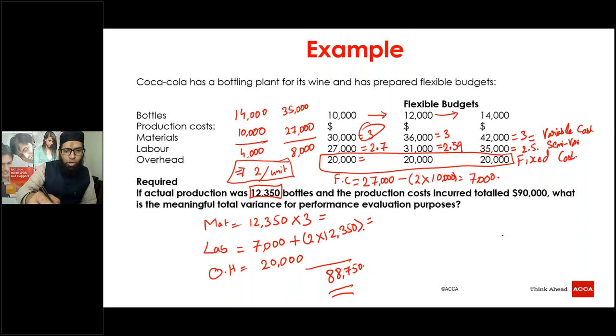So this is my total cost using the flexible budget. My actual total cost is 90,000. That means what will be the difference? The difference, I believe, is 1,250.